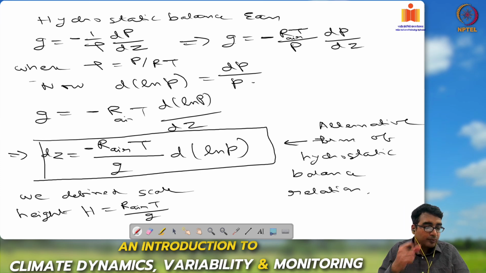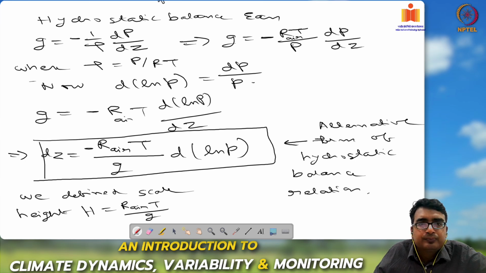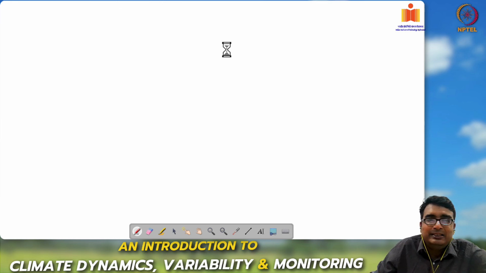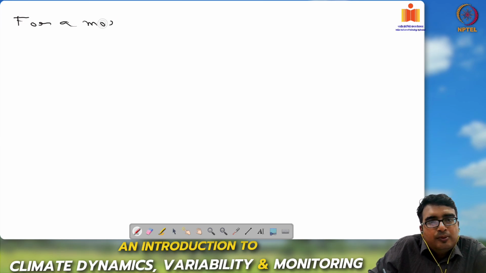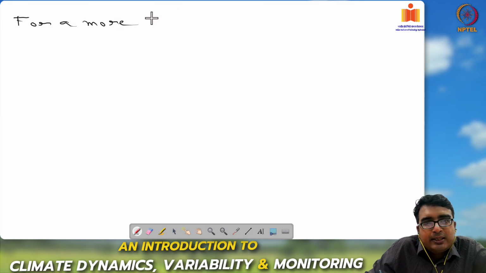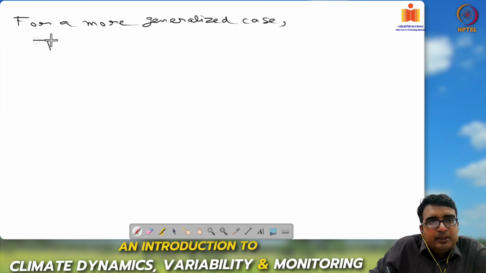So for a more generalized case, T is a function of z.